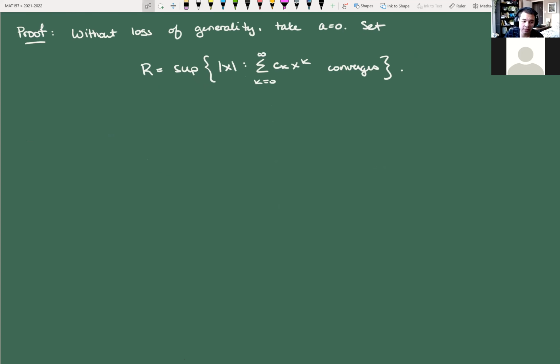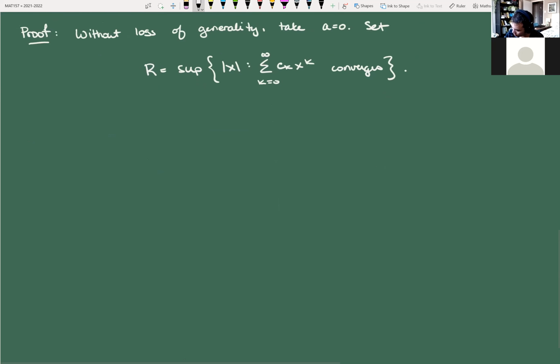So the first thing is, well, what happens if R is equal to 0, right? So case 1, this is when R is equal to 0. There really isn't anything to prove here, right? If R is equal to 0, that means that the series converges only if X is equal to 0. Converges only when X equals 0.